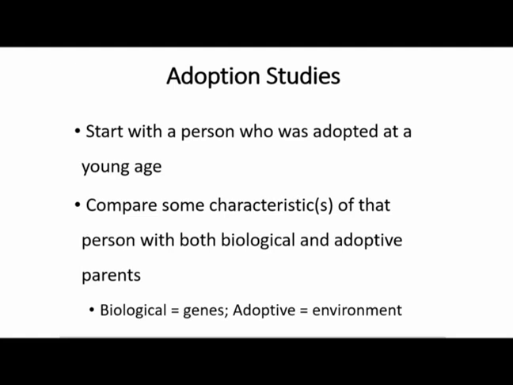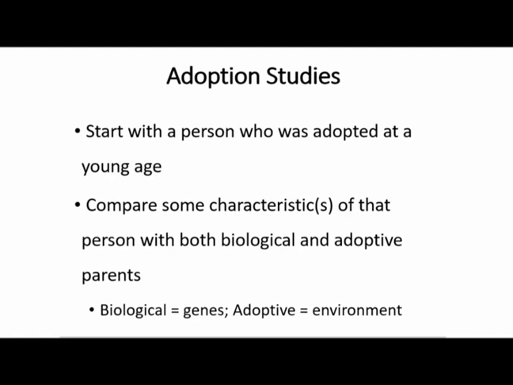And you want to compare some characteristic of interest, maybe a behavior, maybe a personality type, something like that. And you want to compare the person that was adopted, and you want to compare their concordance rate with both their biological and adoptive parents.